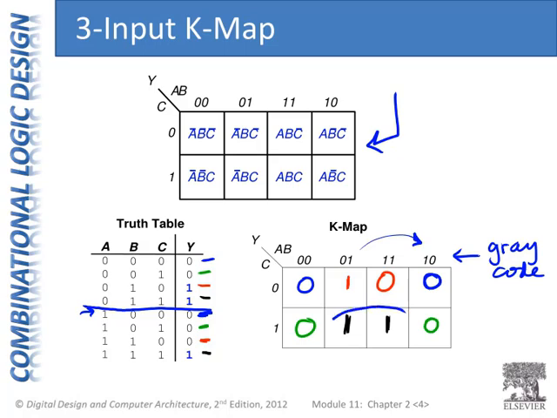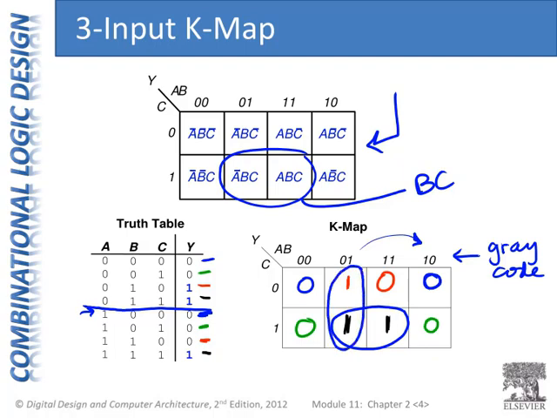So these two ones are adjacent. Well, those correspond to these minterms, and we can see that this really corresponds to B and C. If I OR these two minterms together, A bar B C or A B C, I just get B and C using combining. And now I can also circle these two ones.